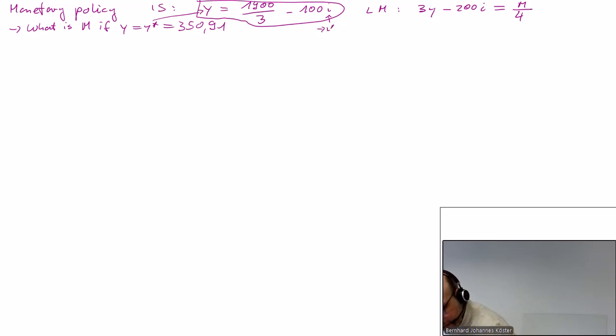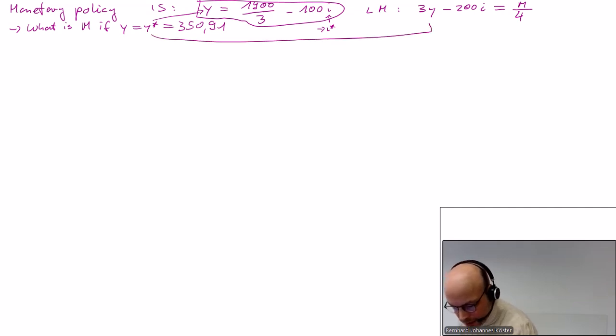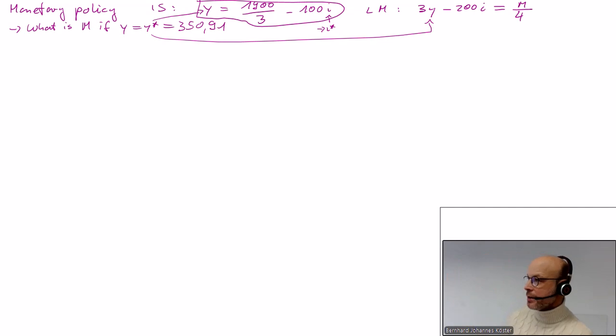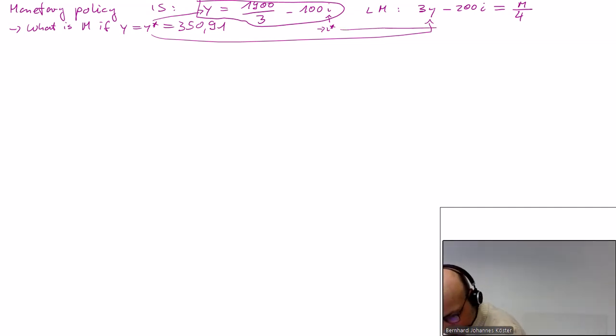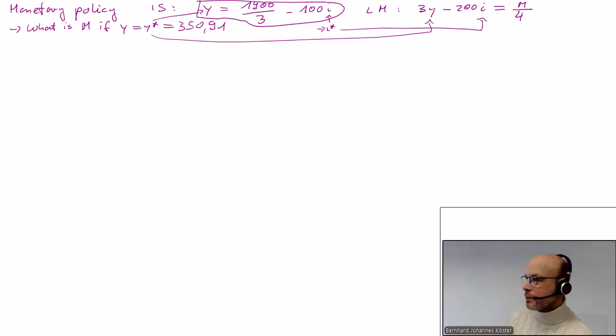With this we can step into the LM curve, because again we want to have the given income. We know from the IS curve the corresponding interest rate, and this we can also insert. Then you see we are only left with the last variable m, and so we can calculate m. So this is a more direct way to do it.